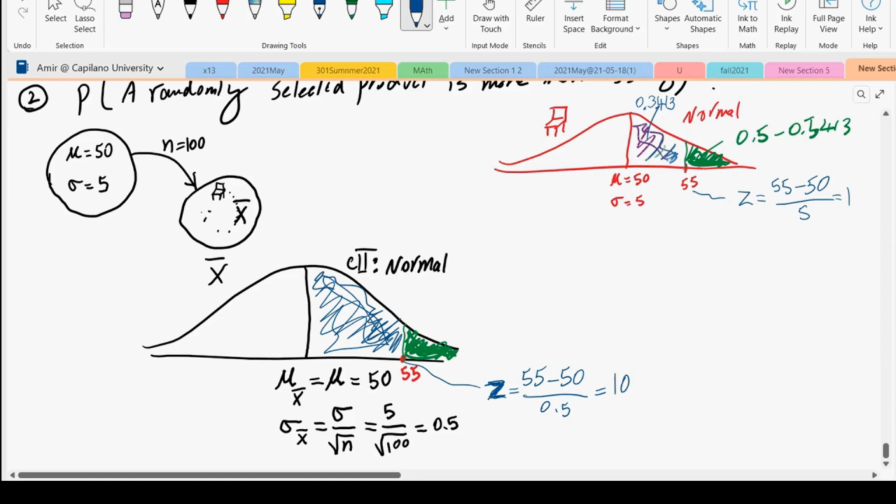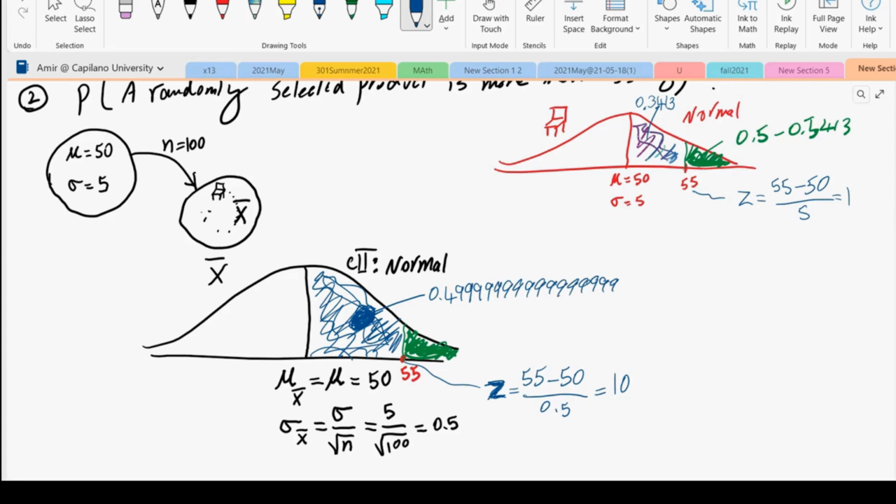Please go to the table and find z equal to 10 and tell me how much this area is. It's not on the table. What is the biggest number that we have on the table? 3.09, and the area for 3.09 is 0.499. If you go 3 standard deviations from the mean, this blue area is 0.499. If you go 10 standard deviations from the mean, then the blue area is 0.49999999999.